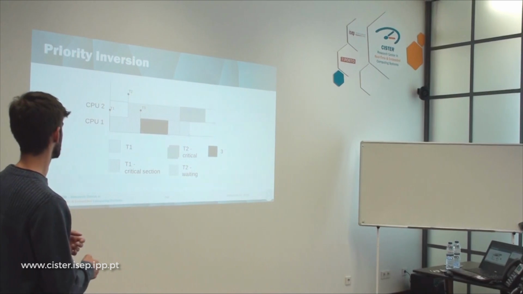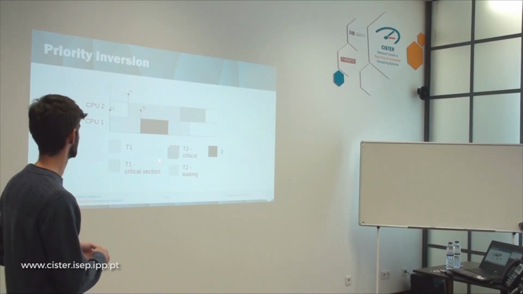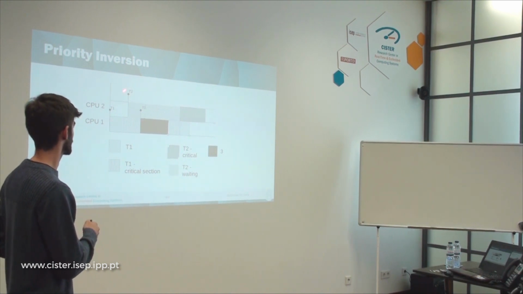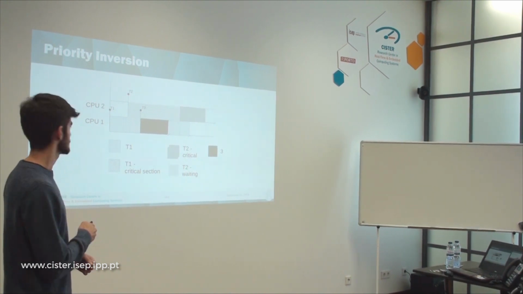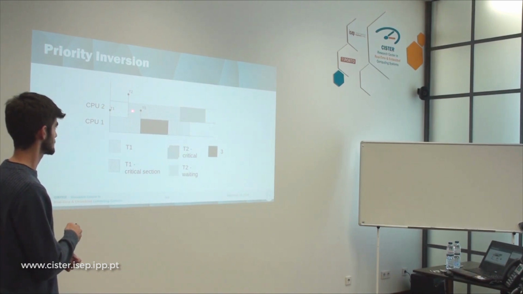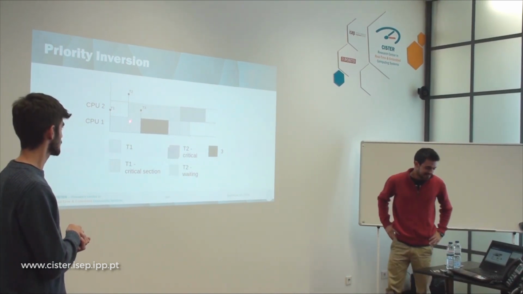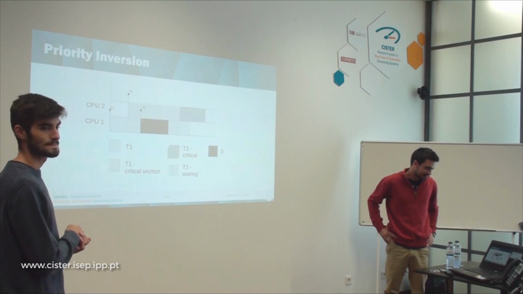We have a small example here. In this case, we have the higher priority task, T2, whose execution is extremely delayed due to the critical section that is shared with T1.